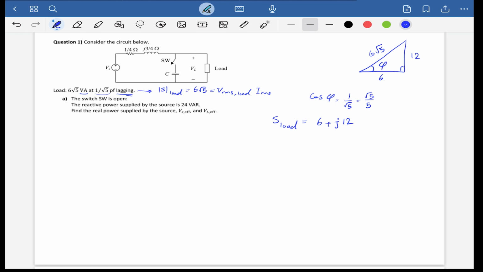And the question says the reactive power supplied by the source is 24 VAR. So S of source will be P of source, which is real power, plus jQ of source. This Q of source is 24.